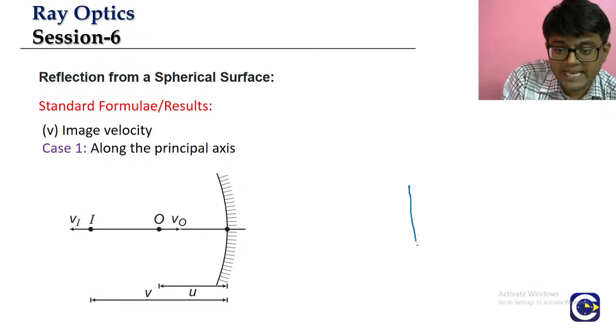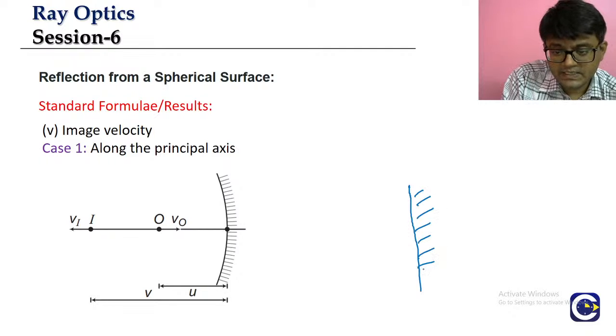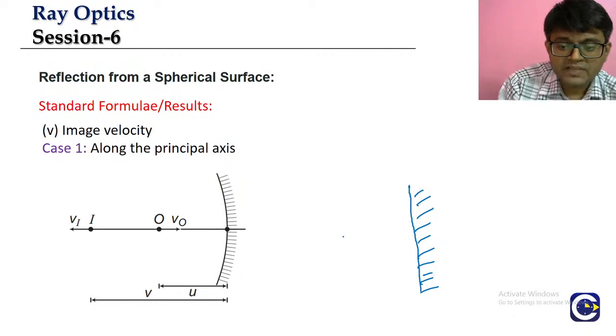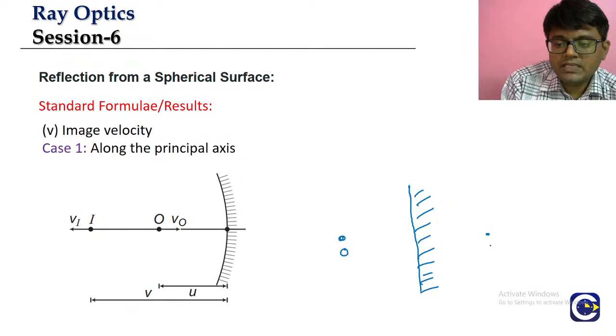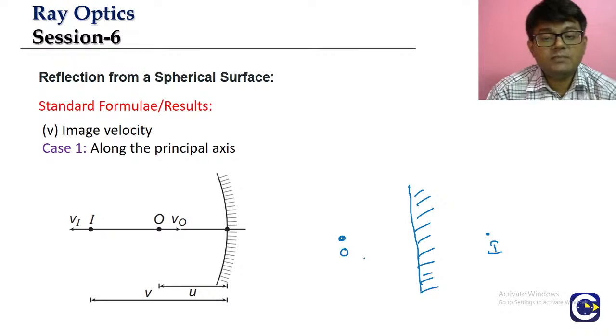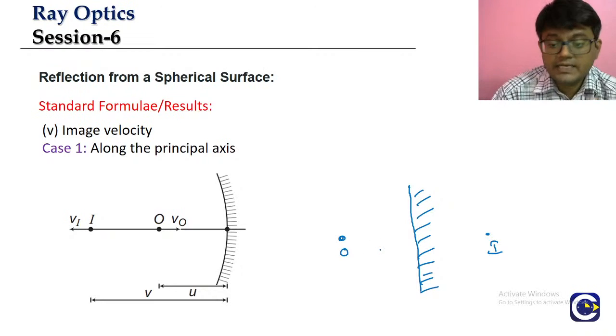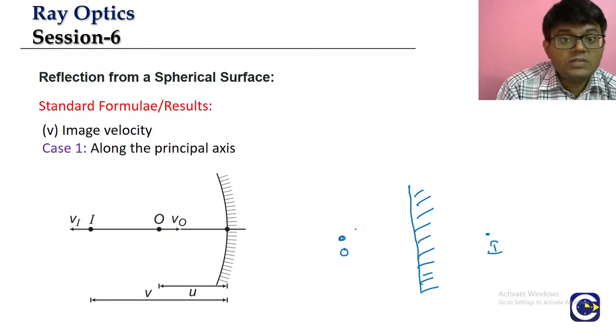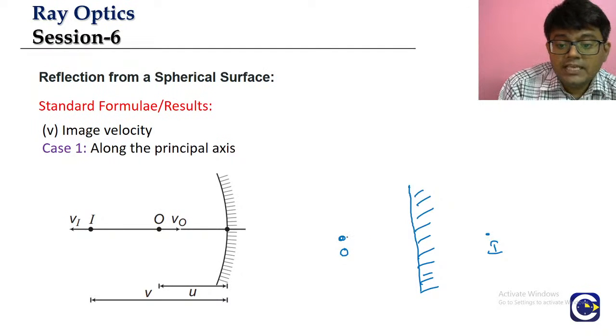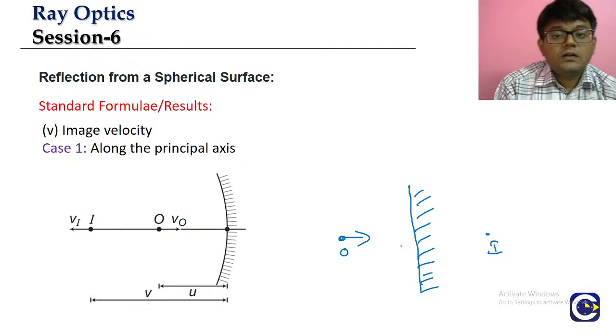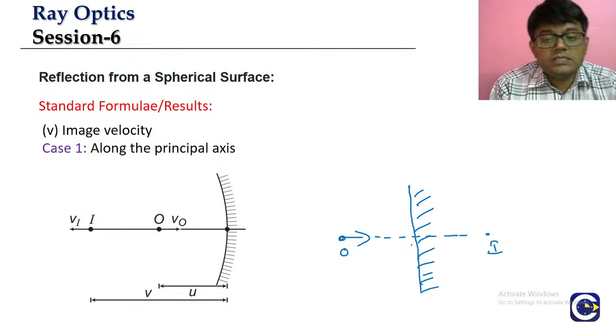If you have a plane mirror, remember guys, we have the object and we will have the image. Image will be on the other side of the mirror, correct? So remember, what are the two things that we said? The velocity component which is along the perpendicular to the plane.